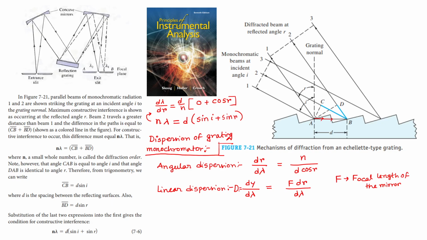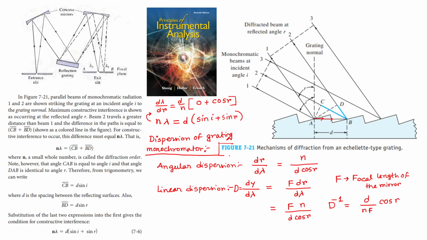Okay. Now we already established that dr by d lambda is n by d cos r. Most of the time we work with the reciprocal of this linear dispersion, which is d by n cos r.